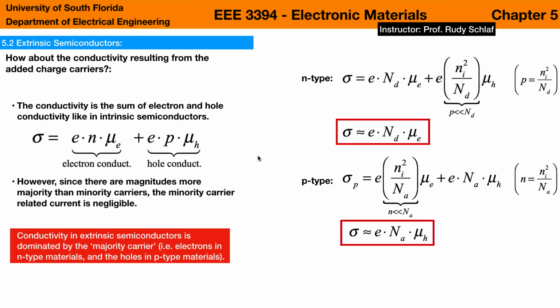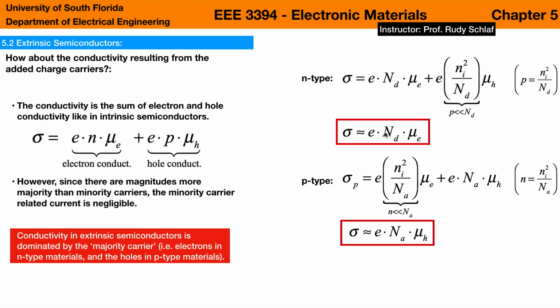With this in mind, we can calculate the conductivity of an extrinsic semiconductor material. If you remember, the conductivity of a semiconductor is just the conductivity related to electrons plus the conductivity related to holes. But since we just learned that the majority carriers are dominant and the minority carriers do not bring much to the table in an extrinsic semiconductor material, it is not surprising that we can say that the conductivity of an n-type material is essentially the electron-based conductivity.